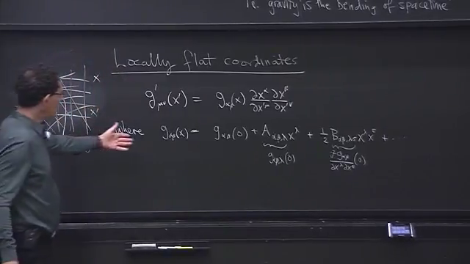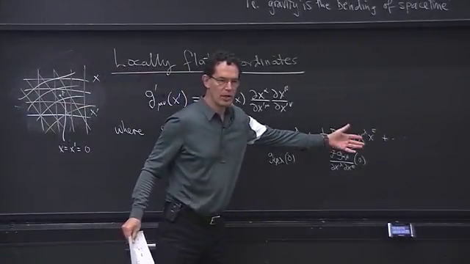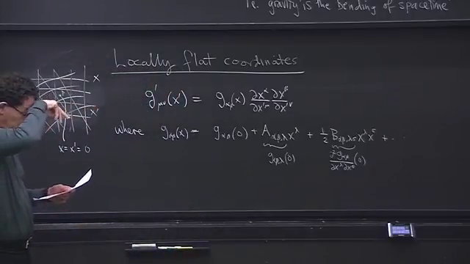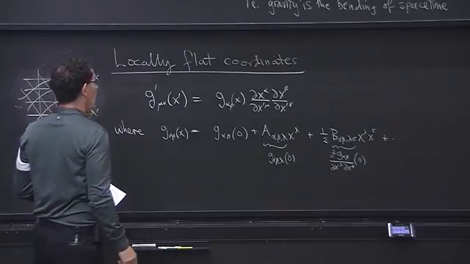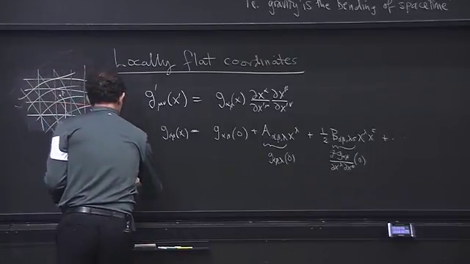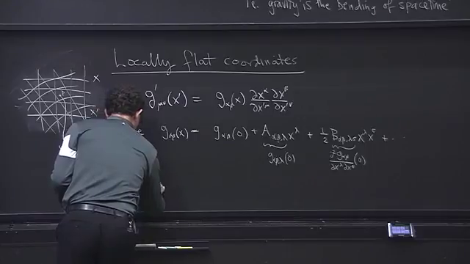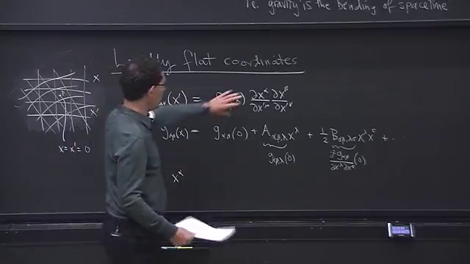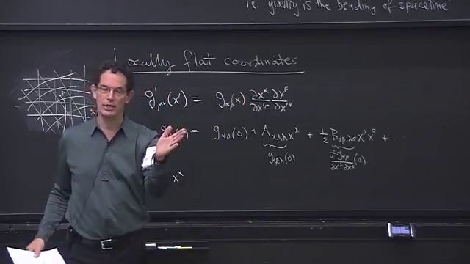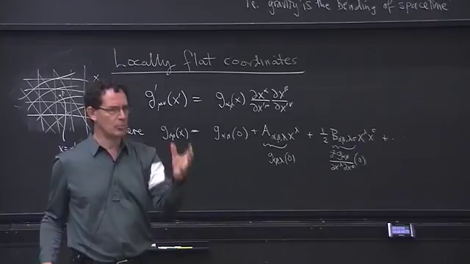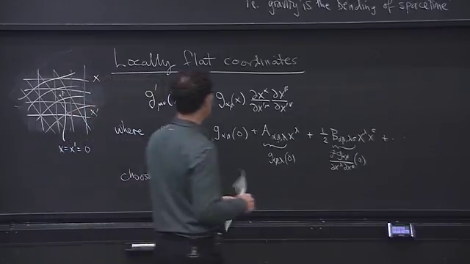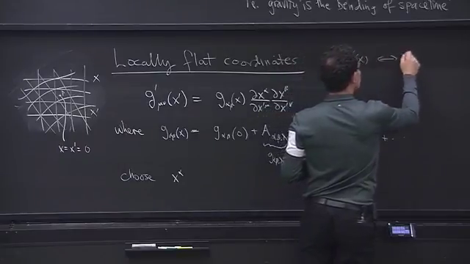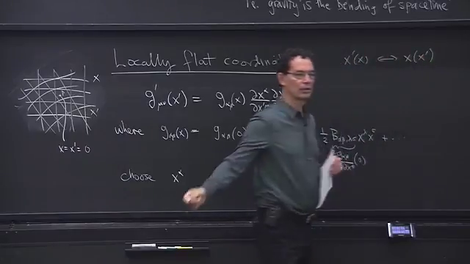So the original metric I can Taylor expand around this point, just because it's a function of the coordinates. What we're going to do is choose the following transformation between x and x prime. The idea is that I have a formula for x prime of x, and I can invert that formula, and I also have a formula x of x prime.